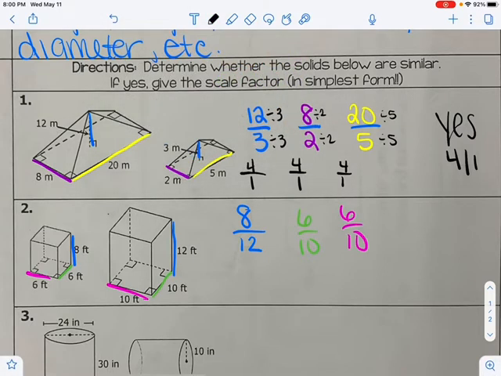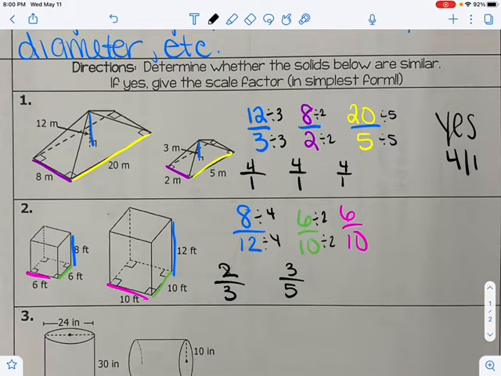Go ahead and start reducing your fractions. What number goes into both 8 and 12 evenly? That would be 4. 4 goes into 8 2 times. And 4 goes into 12 3 times. What number goes into both 6 and 10? That would be the number 2. 2 goes into 6 3 times and into 10 5 times.